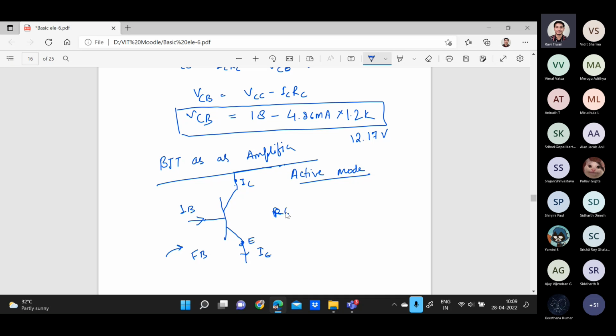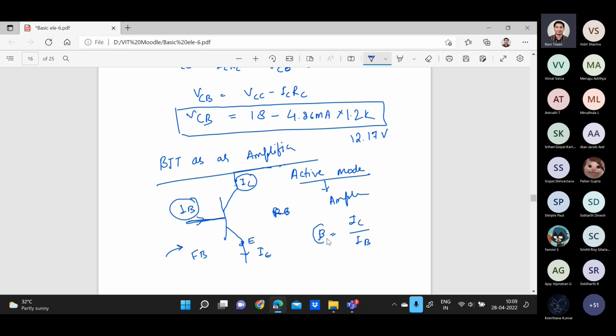In that case, it will be in the active mode and you can use it as an amplifier, right? Why are we calling it an amplifier? Because we are giving the input IB and we are getting the output IC. And you know the relation: beta is equal to IC by IB.